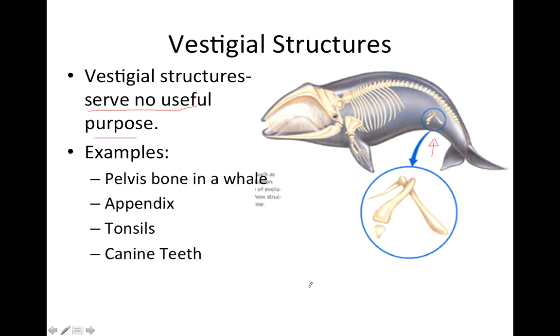This is why some theories, again, they're theories, are saying that humans may have come from whales, because we have hip bones like this, and so do they, but they don't have any purpose for theirs, which ended up coming to be ours. Now, you could say the same thing the other way around.